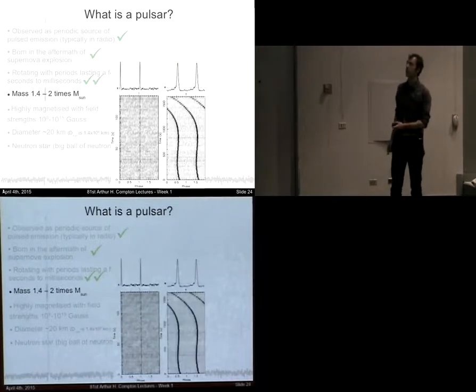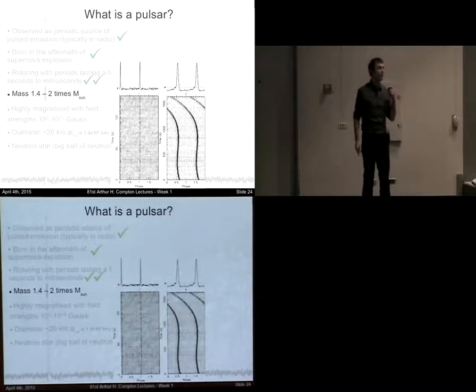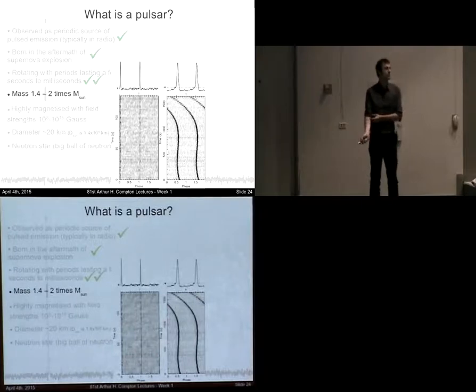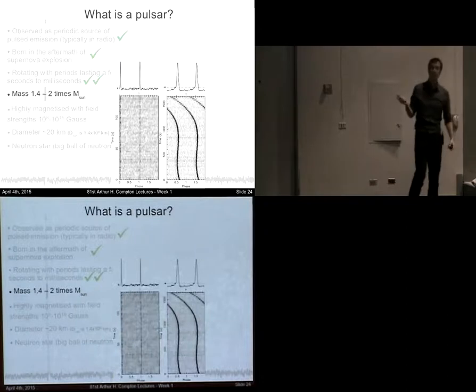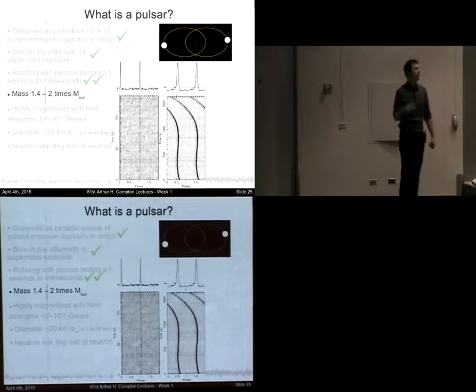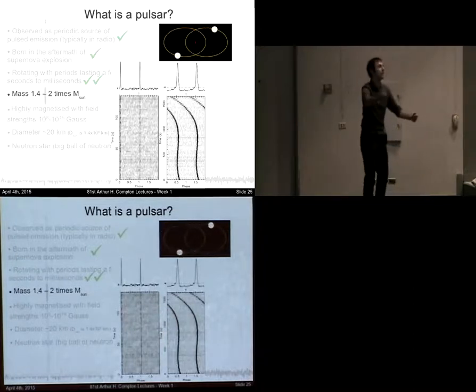Now I'm going to show you this one. I have a bright person in the room who is going to tell me what's happening to this pulsar. What's happening with this one is that it is in a binary system. So this pulsar isn't just spinning around by itself, it's also orbiting another star.